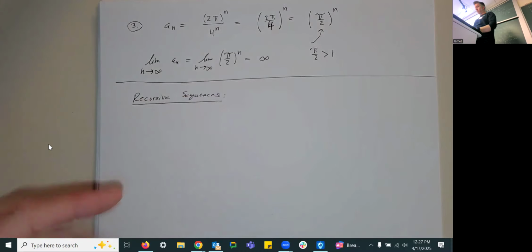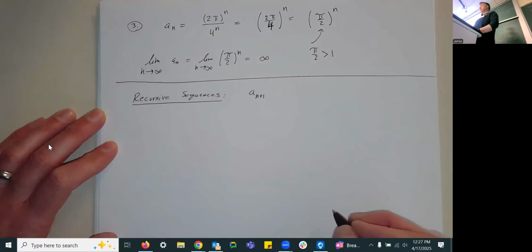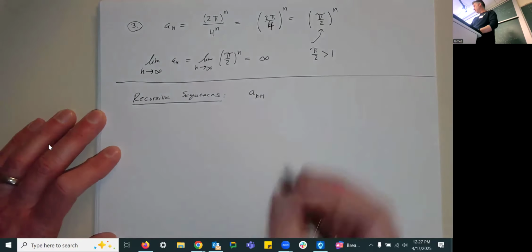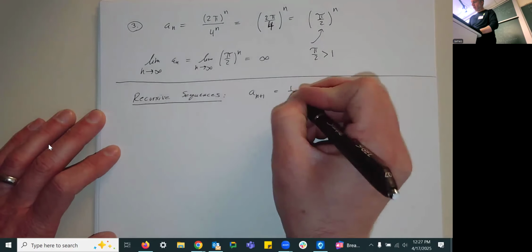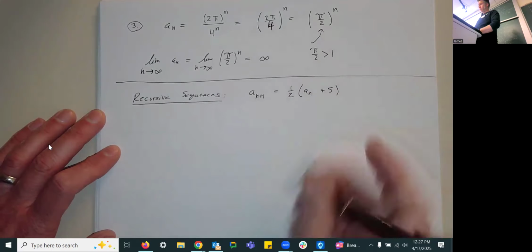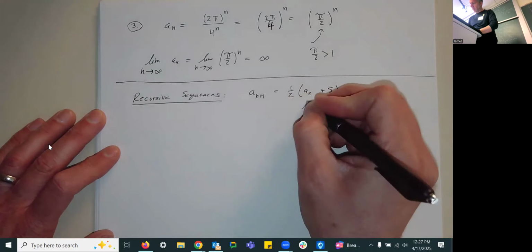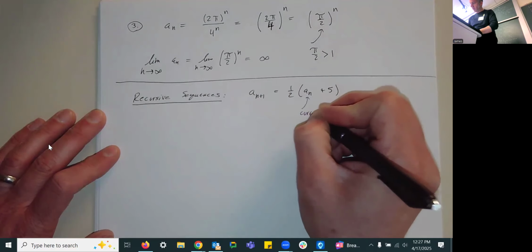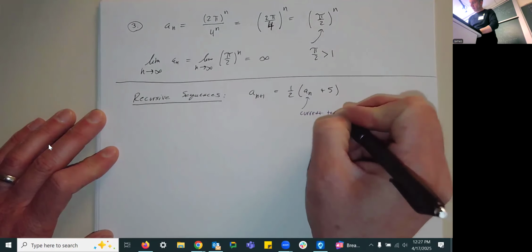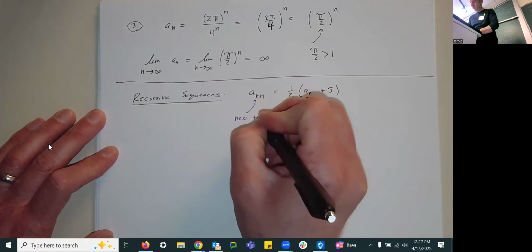So for example, we could say a sub n plus 1, the next term in the sequence, is equal to 1/2 times a sub n plus 5. So a sub n is the current term, and a sub n plus 1 is the next term.